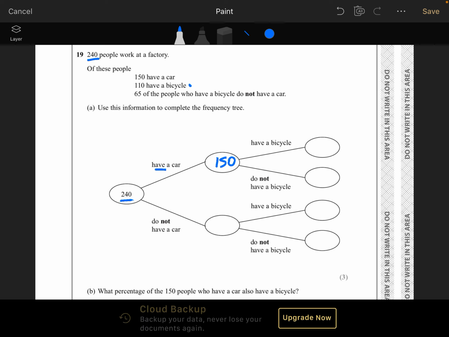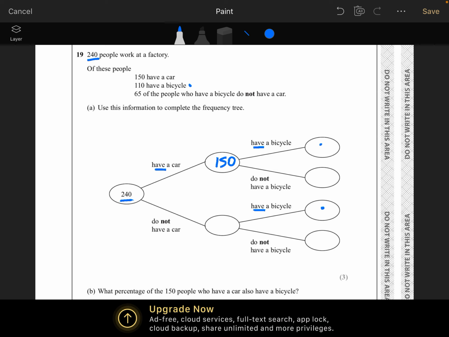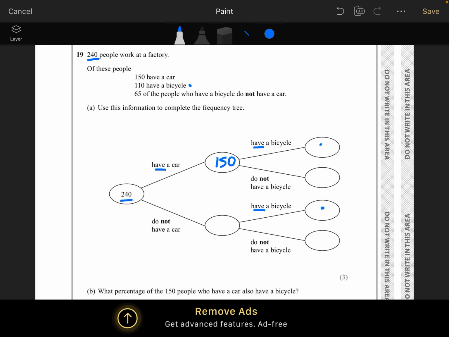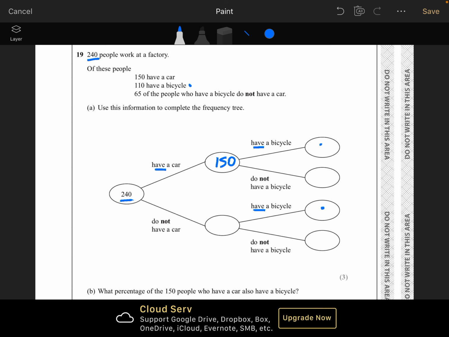So 110 people have a bicycle in total. That means this one and this one, this is have a bicycle, must add up to 110. So I can't really use that at the moment, but it also says 65 of the people who have a bicycle do not have a car. So that's not easy to put in either.